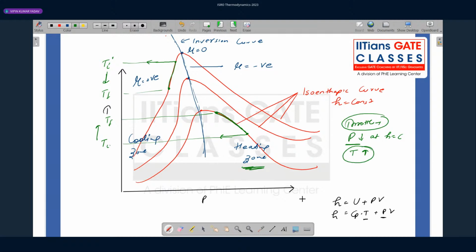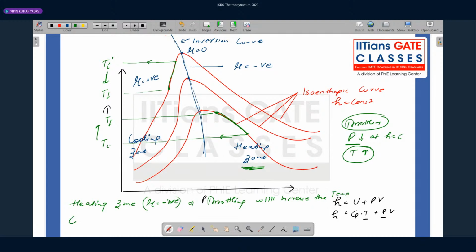Okay, let me write it here. In the heating zone, where mu is negative, throttling will increase the temperature.